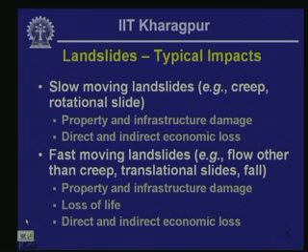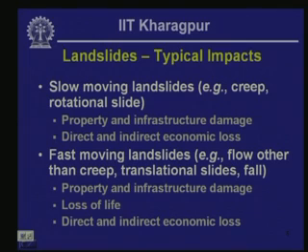And as a consequence of what we discussed in the preceding slide, the typical impacts of different classes of landslides also could vary by a wide margin. Now, you could imagine very easily that if the landslide is relatively slow moving, then the impact of the landslide is going to be only on the property within the vicinity of the area affected by landslide.